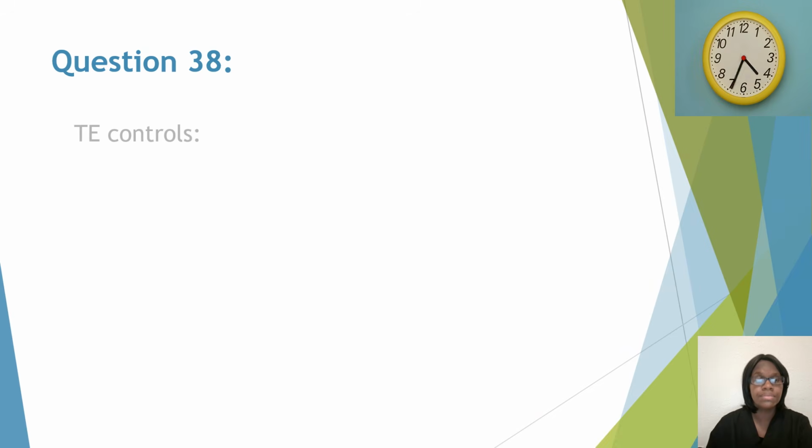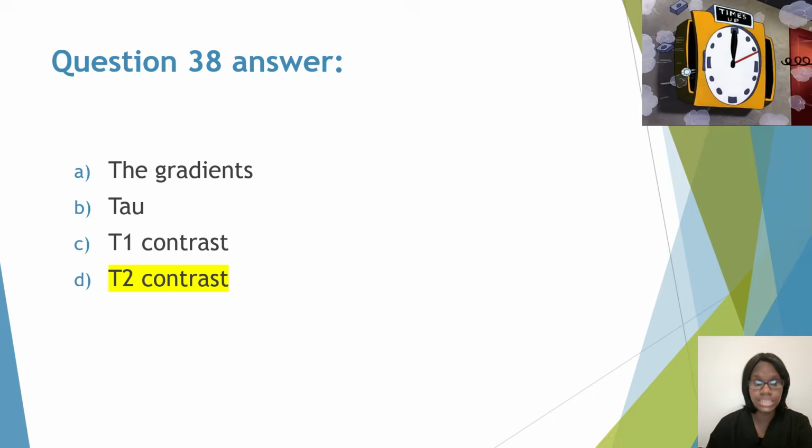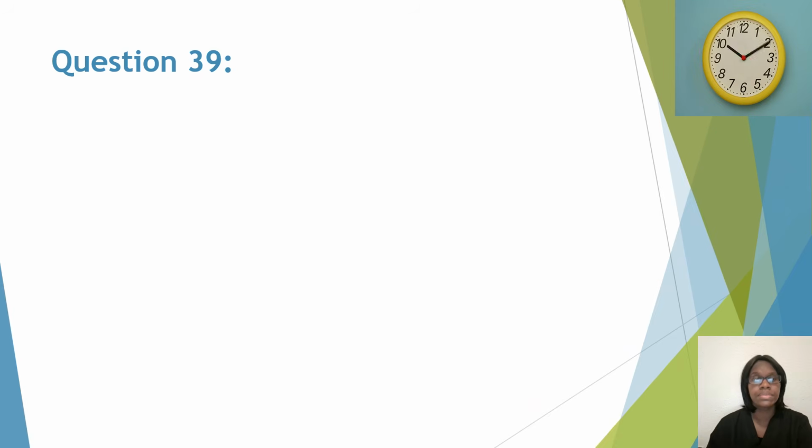Question 38. TE controls A, the gradients, B, tau, C, T1 contrast, D, T2 contrast. All right, the correct answer is D, T2 contrast.